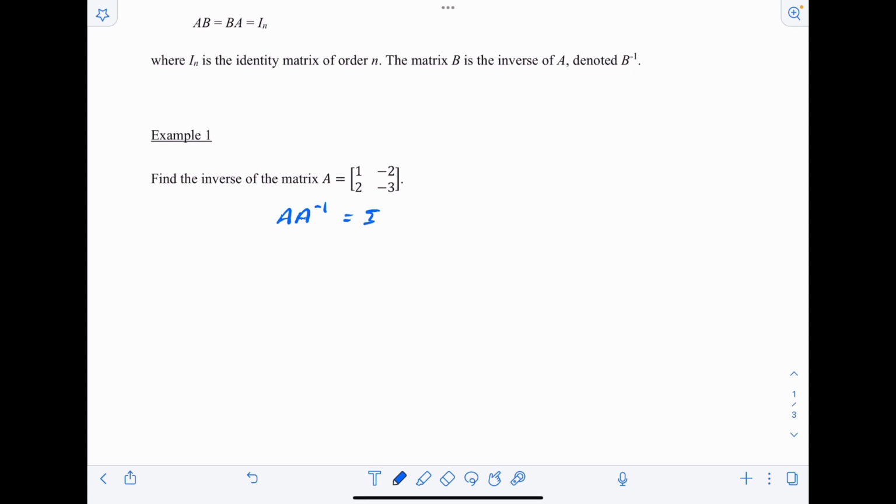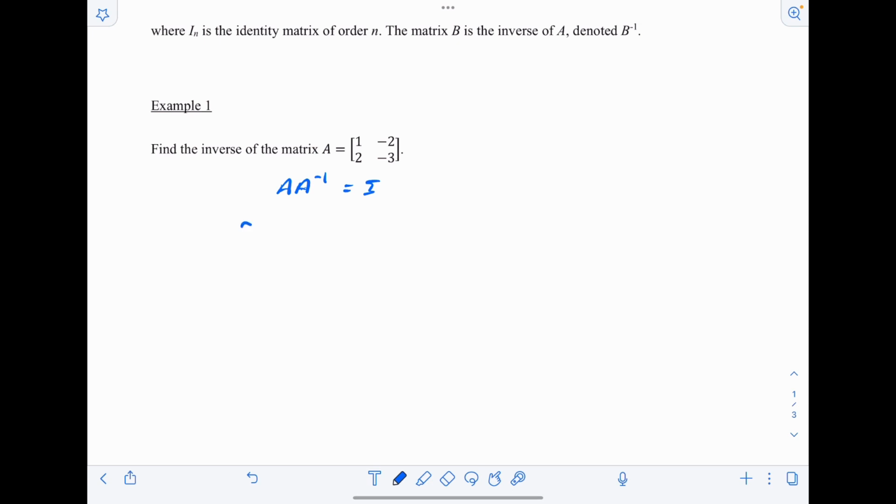In this case, if I take matrix A, 1, -2, 2, -3, and I multiply it by some other 2 by 2 matrix that gives me the identity matrix 1, 0, 0, 1, then this has to be the inverse matrix. If this is A and this is the identity, then in order for this equation to work, this missing matrix has to be the inverse matrix.